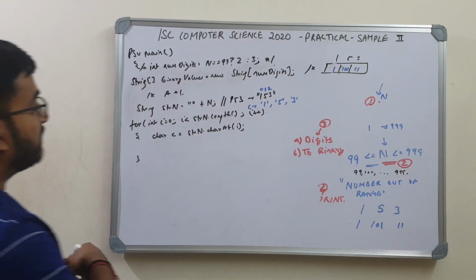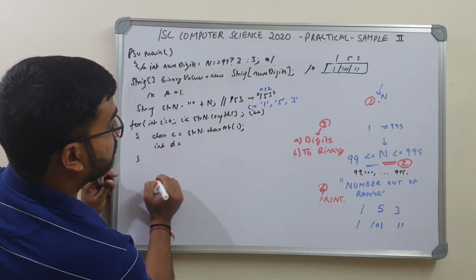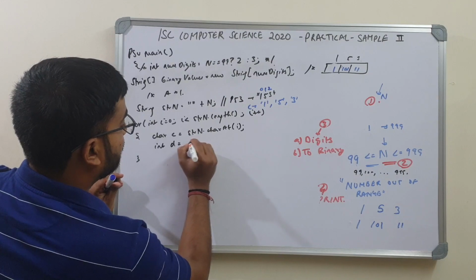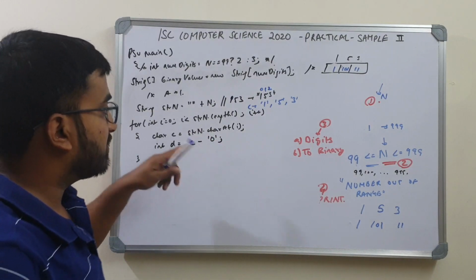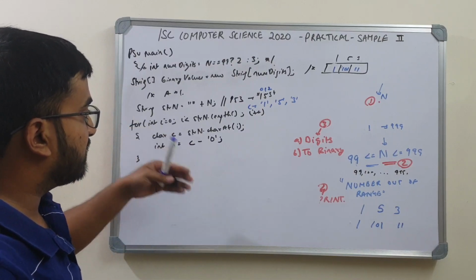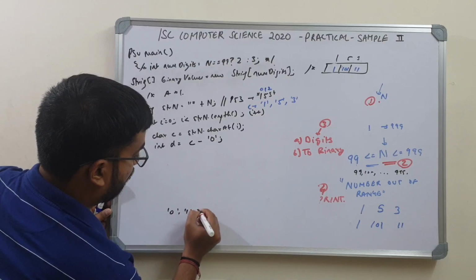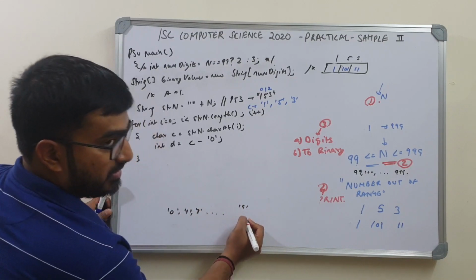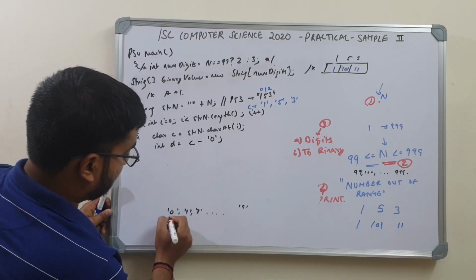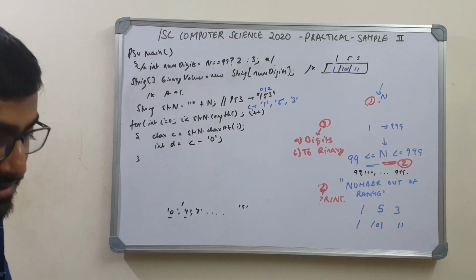In order to get the digit, we are going to do int d equals c minus '0'. Since you know that characters are basically ASCII values, they have integers associated with them, and 0, 1, 2 till 9 are all consecutive ASCII values. So the ASCII value of '1' minus '0' is going to give the value 1. That's why we get the digit as 1.